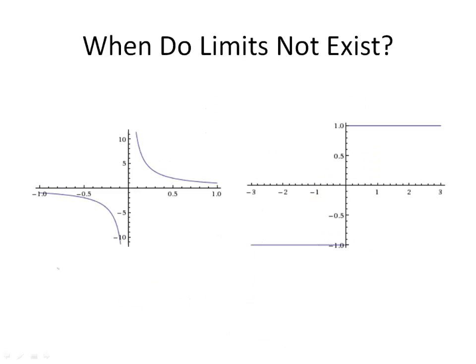For example, sometimes vertical asymptotes. If you look at 0, as you approach from the right side, it goes to positive infinity. And as you approach from the left side, you go to negative infinity.